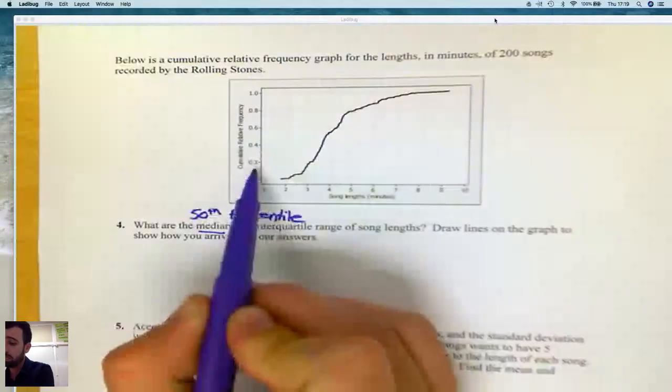And I'm going to draw my line in between the 4 and the 6, which is right there. See where it touches my graph. And then I'm going to draw a straight line down. And you can see that the song length is between 3 and 4, but much closer to 4. Much, much closer to 4.